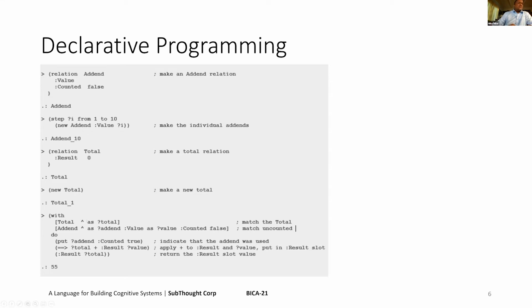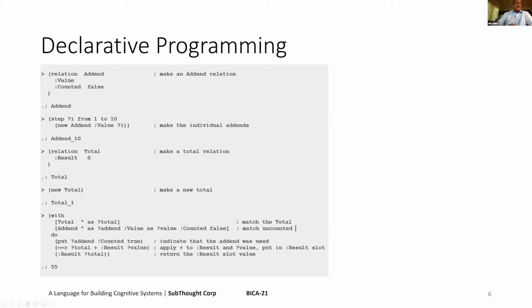So we say with total, the caret is the instance ID slot. So with total as question mark total, and addend as addend, and value as value, and counted equals false. So we want to match all the uncounted addends. We put counted to true.